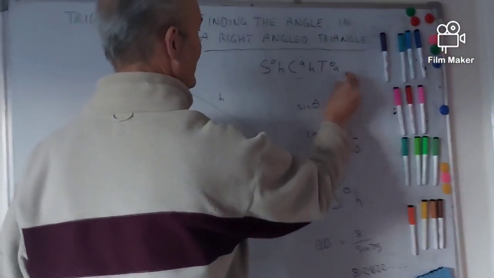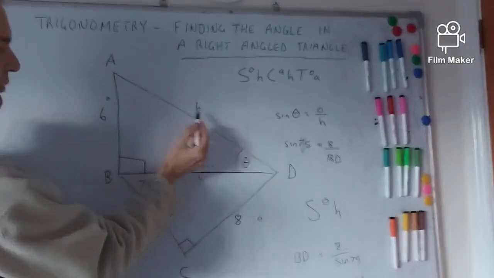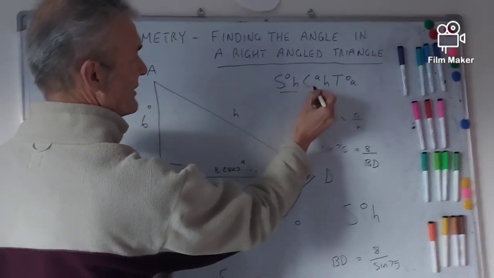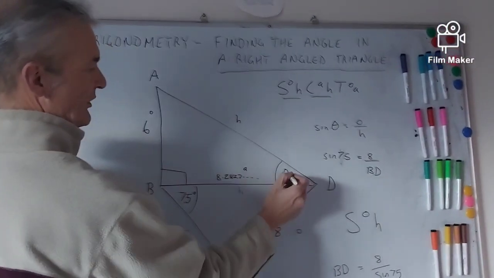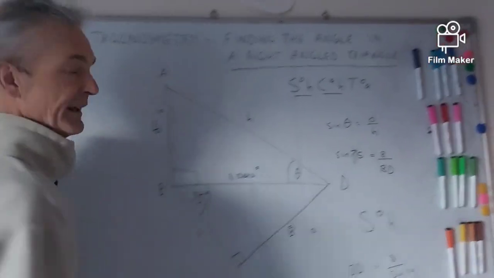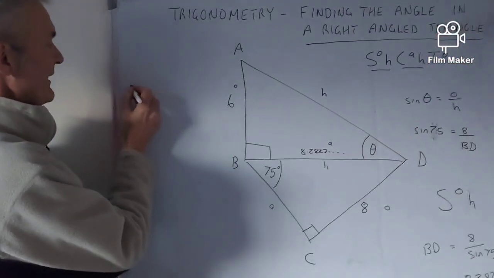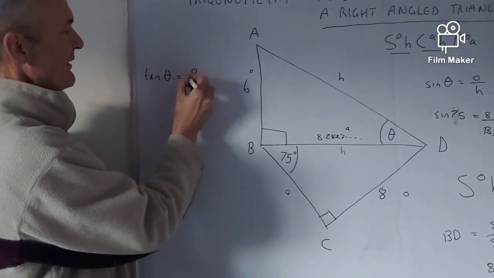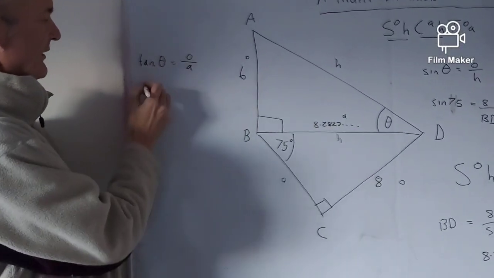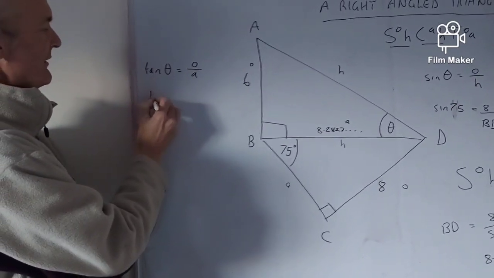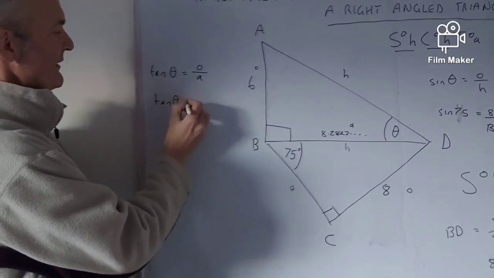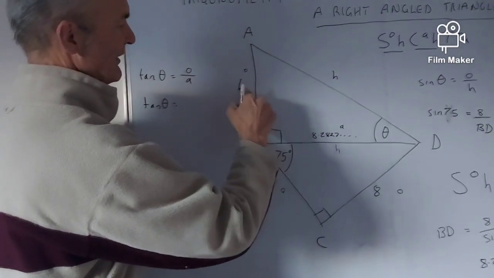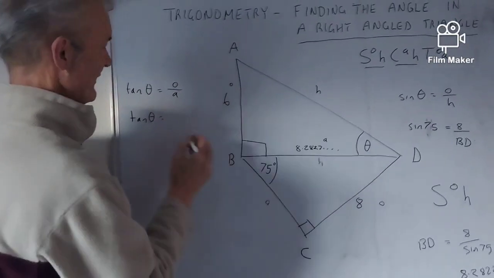So up here with our SOHCAHTOA, we don't want anything with H in. So that's got H, so has that. So in order to find this angle, we're going to use the TOA bit. So again, write the formula down. Tan theta equals opposite over adjacent. So put the numbers in now. Tan theta equals opposite over adjacent.